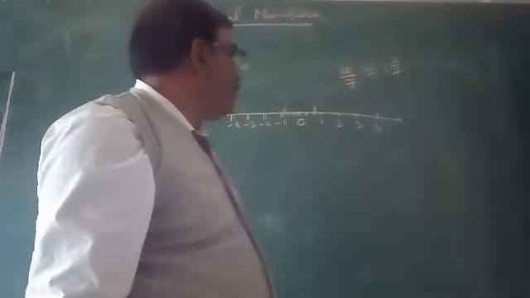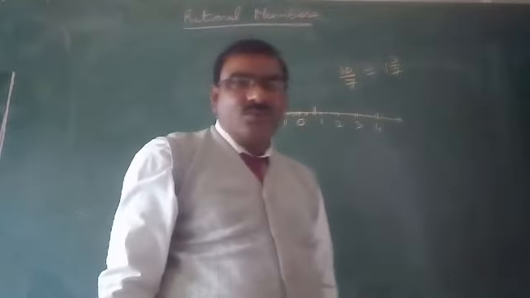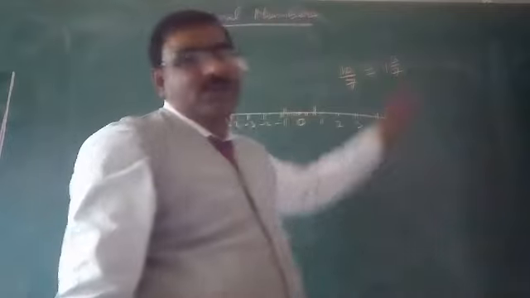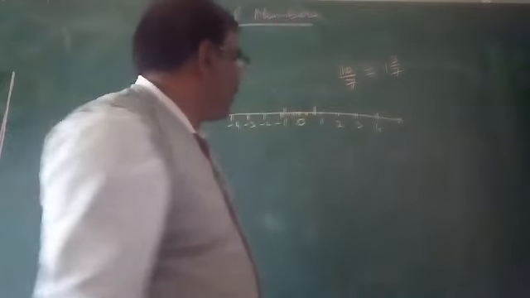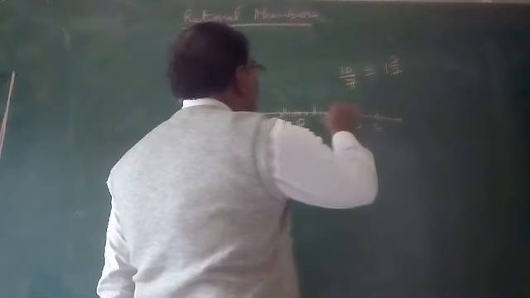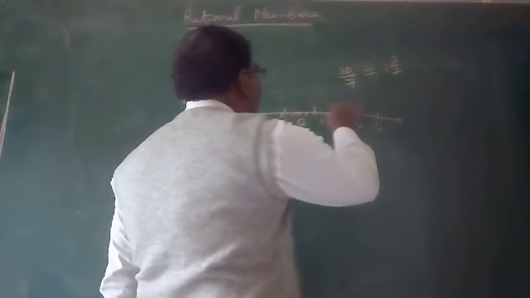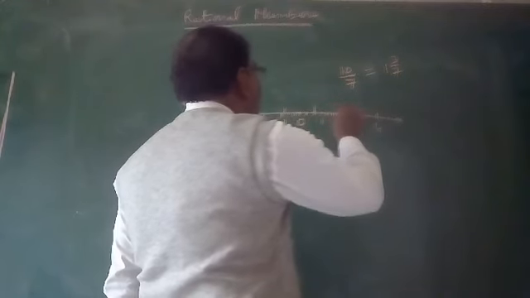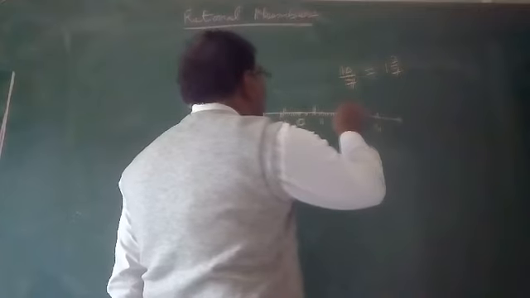So we divide the space between 1 and 2 into 7 equal parts. 1, 2, 3, 4, 5, 6 and 7.